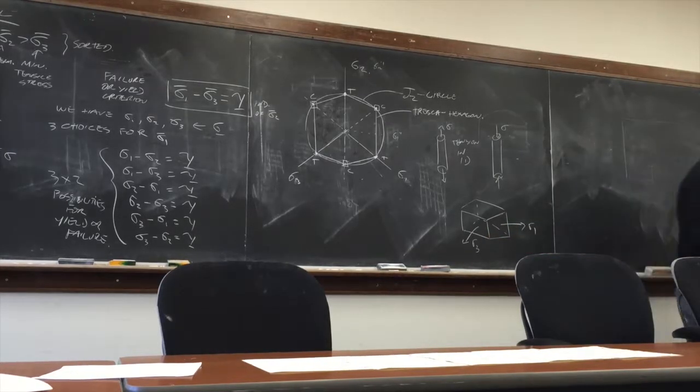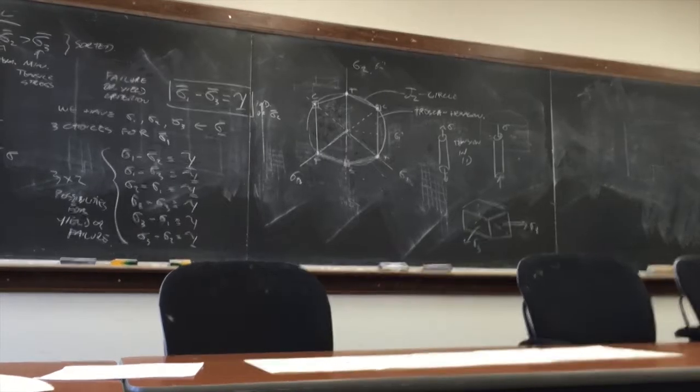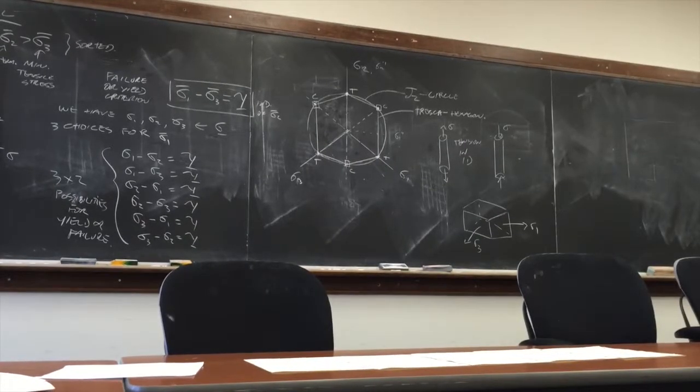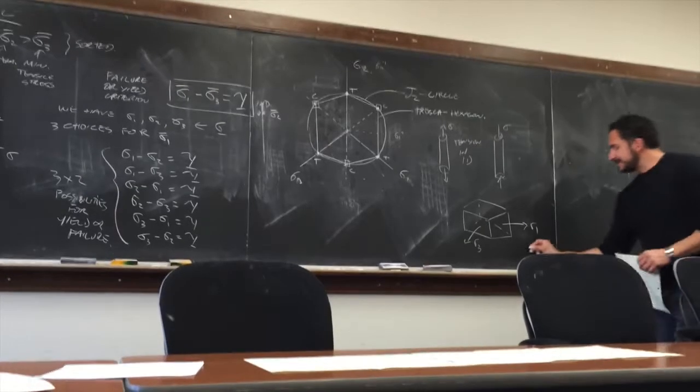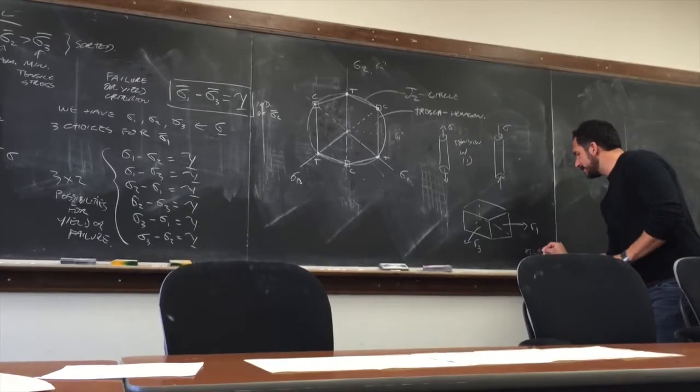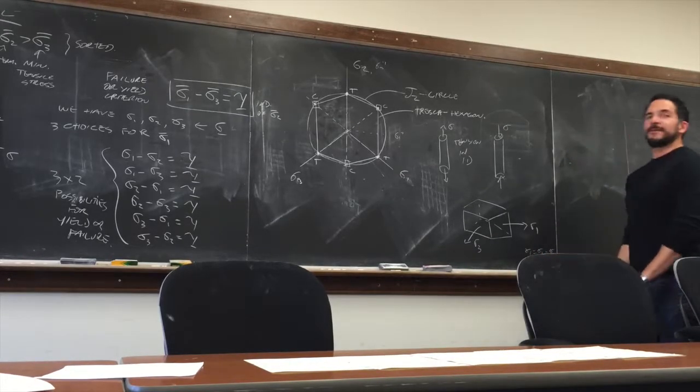So it's like having this cage, and I'm pulling from this end, and I'm pulling from this other end, and nothing is happening on the plane. There's no sigma 2. Is that a state of tension or a state of compression? Let's make it even simpler. Let's say sigma 1 equals sigma 3 equals some sigma.